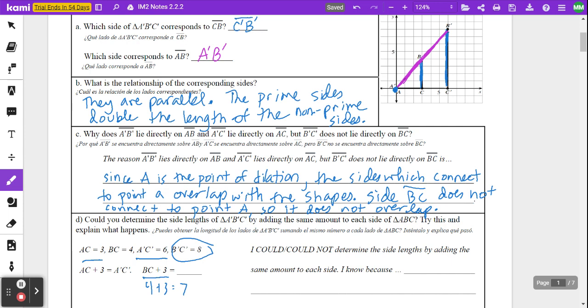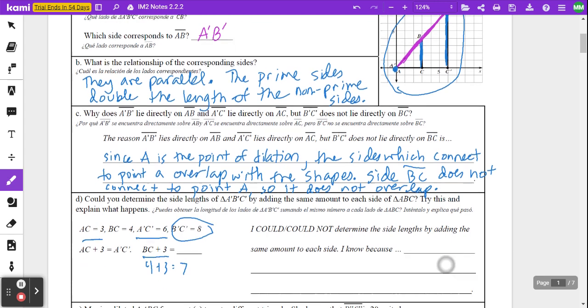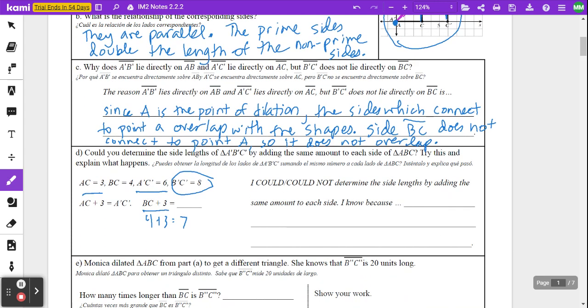What they're trying to get you to notice here is that the relationship between side length is multiplicative. I can't add in order to find out what a new side length will be. I will also always have to multiply by some scale factor. So you cannot determine side lengths by adding the same amount to each side.